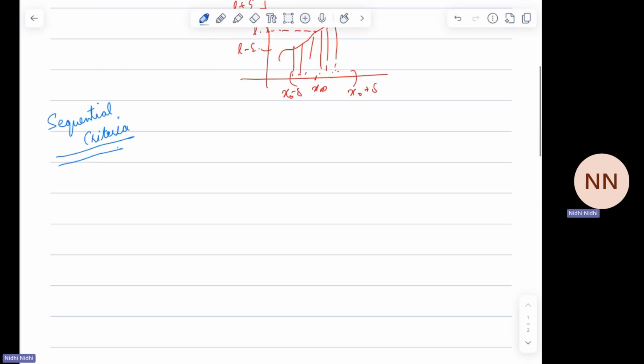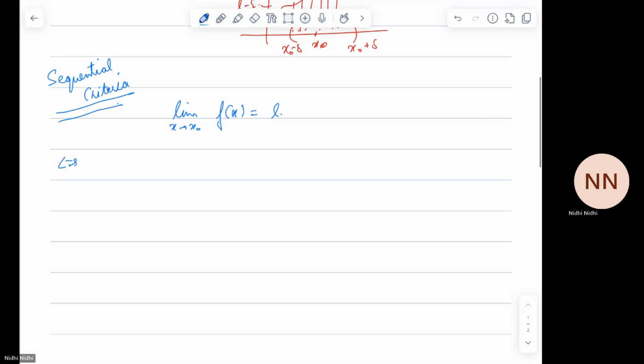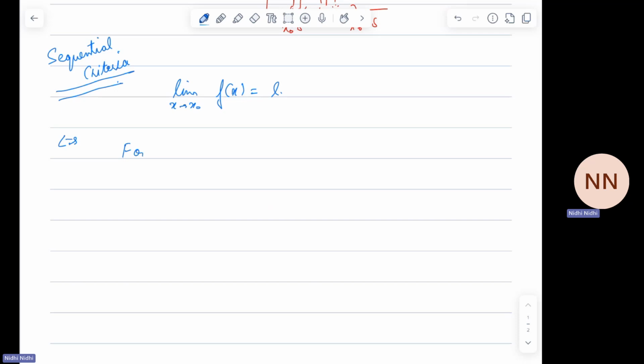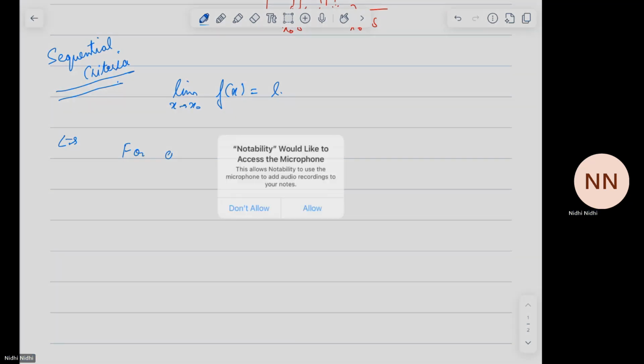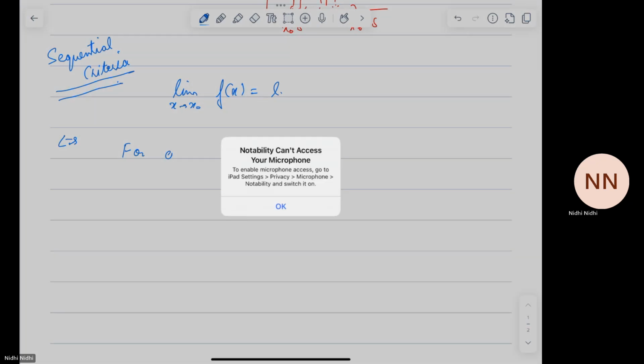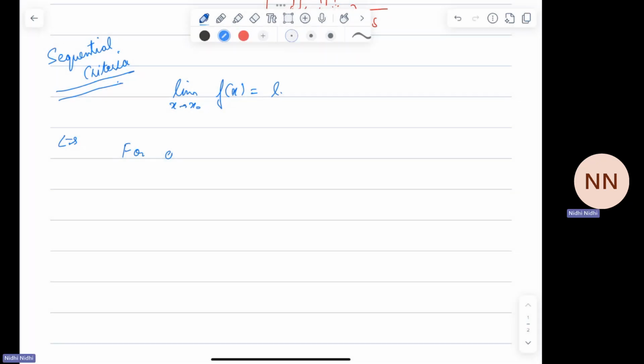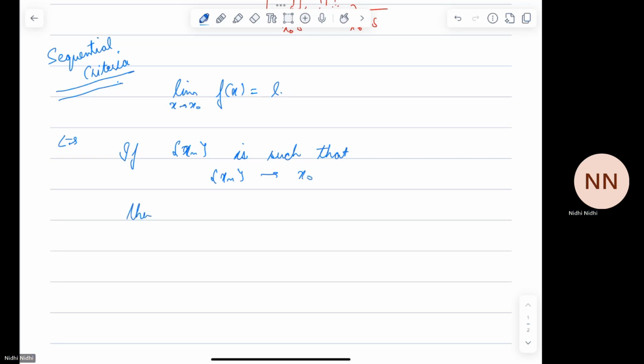It says that again, limit x tending to x naught f(x) is equal to L if and only if, if x_n is a sequence in the domain such that x_n goes to x naught, then f(x_n) should go to L.